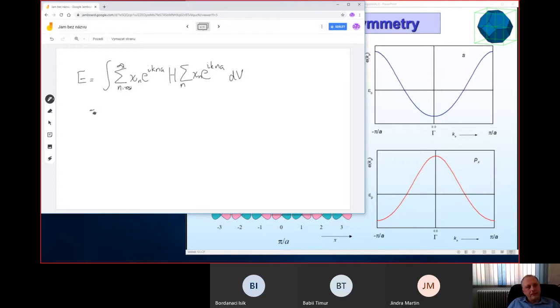Now this energy would be referred to the whole periodic crystal, but we can also refer the energy to a single orbital or single unit cell. So we can consider only the chi0 orbital, and this chi0 orbital is overlapping only with its nearest neighbors.